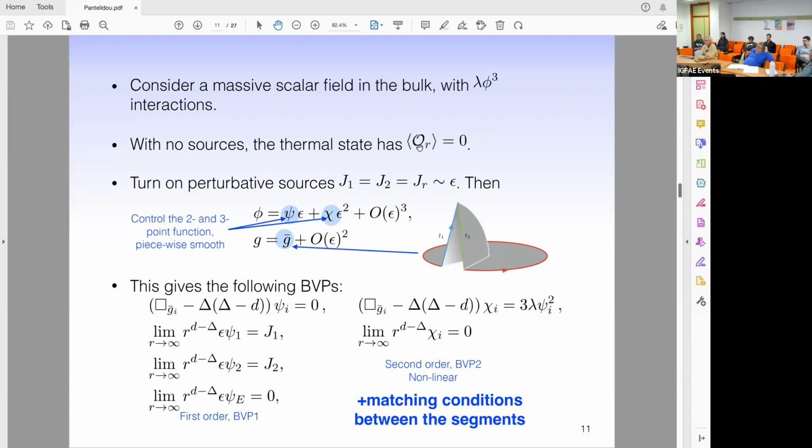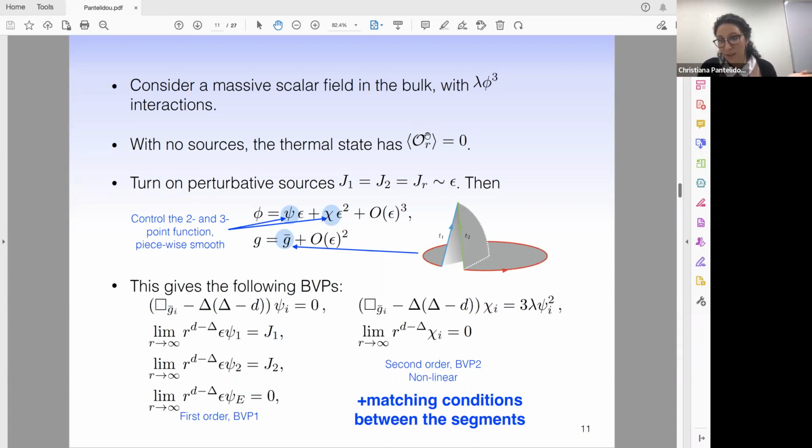So you say that psi controls the 2-point function. Is there an explicit dictionary? You extract it from the boundary, or how does it work? If you give me 5 slides time, I'll show you explicitly. But in principle, in order to get the 2-point function, you need to get the expectation value of this operator and essentially divide it by the sources.